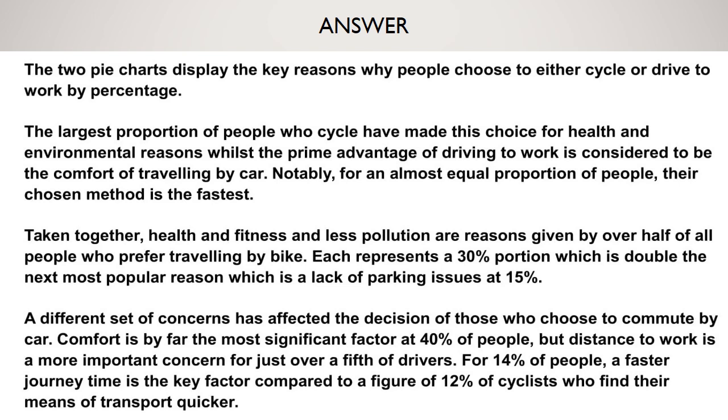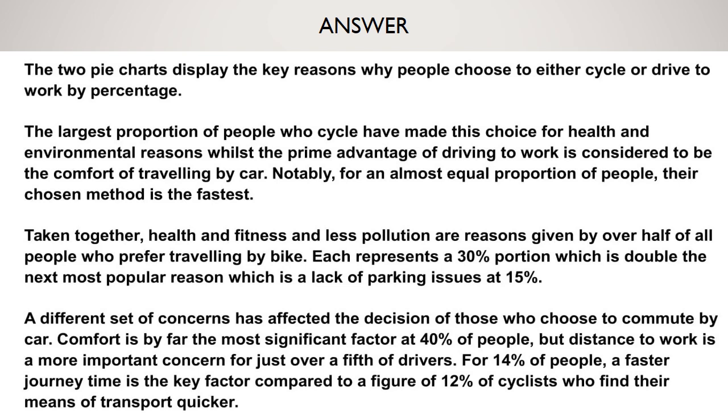For 14% of people, a faster journey time is the key factor compared to a figure of 12% of cyclists who find their means of transport quicker. So this way, students, you are going to describe the proportions and the percentages.